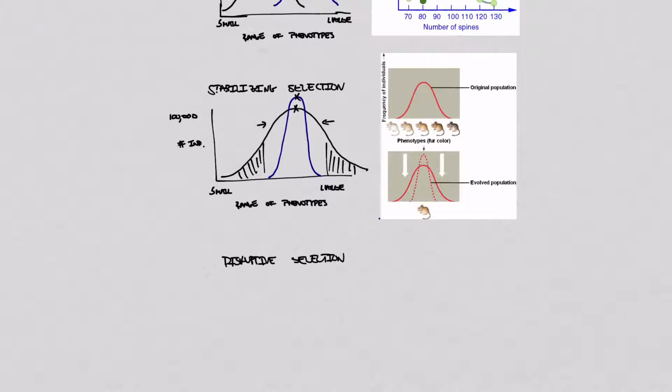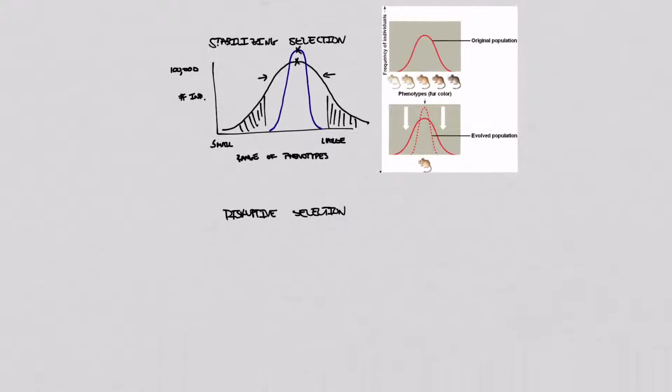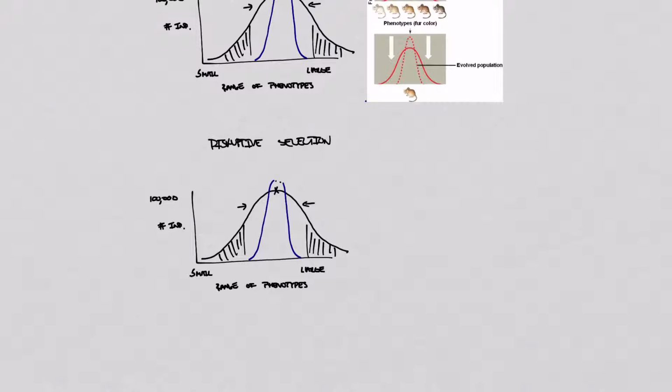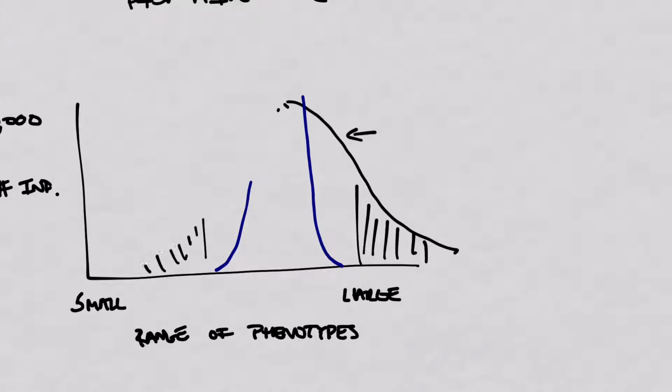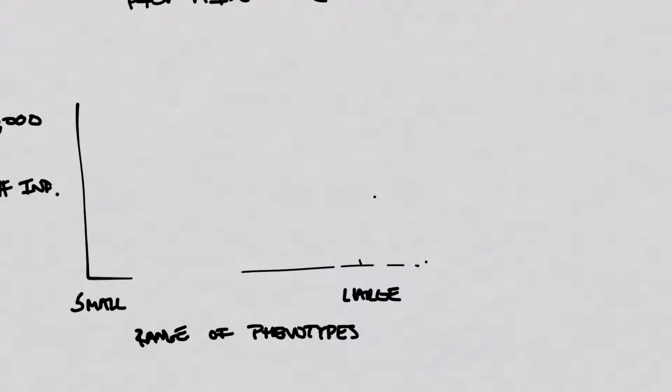And then let's grab our graph again. Okay, so disruptive selection is kind of the inverse of stabilizing selection.